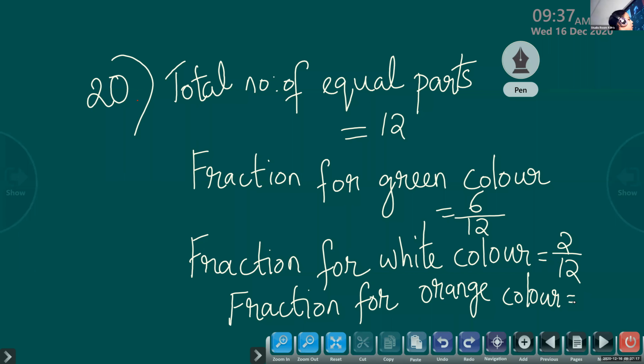So the fraction is 4 by 12. So which color is used more? Green, because we have 6 by 12.